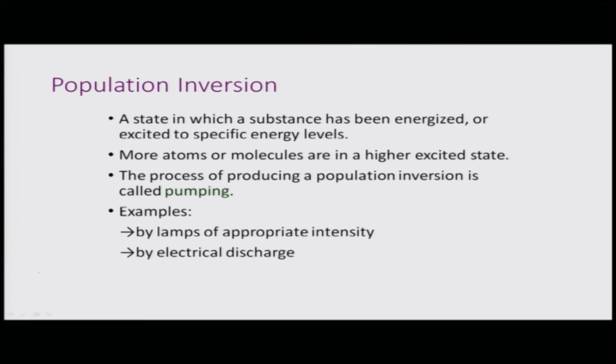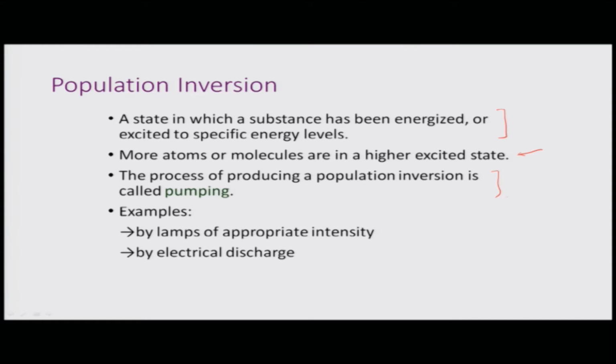We stated in the last lecture that we needed population inversion, in which a substance has been energized or excited to specific energy levels, so that more atoms or molecules are in the higher excited state than in the ground state. The process of producing a population inversion is called pumping.